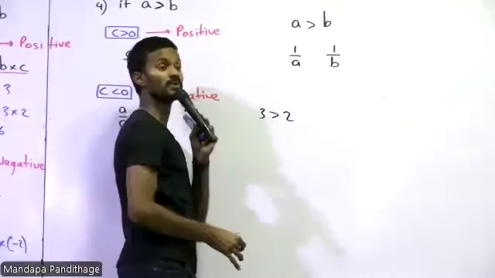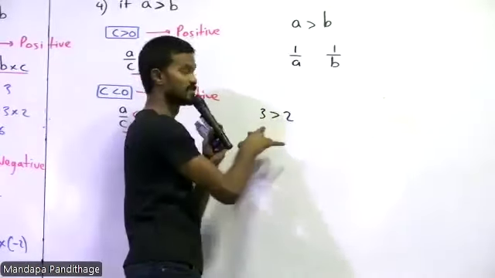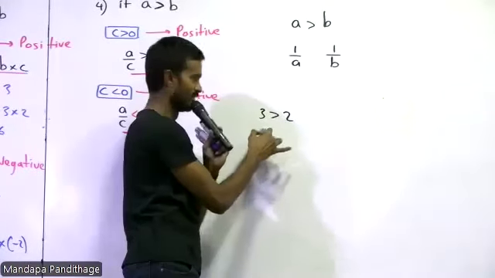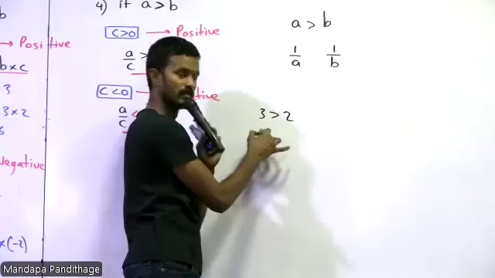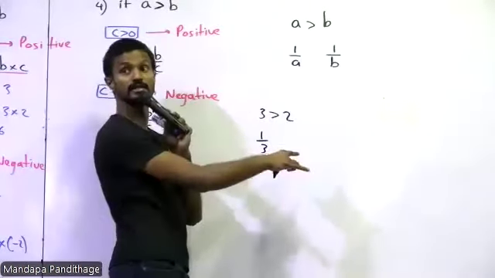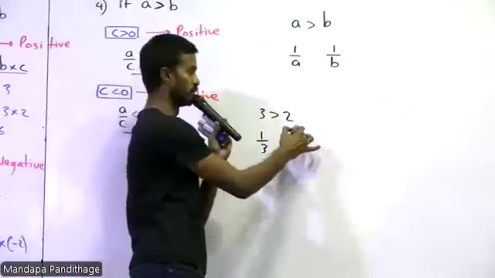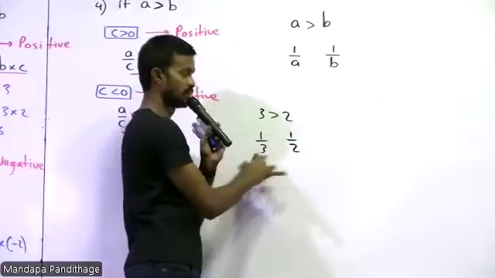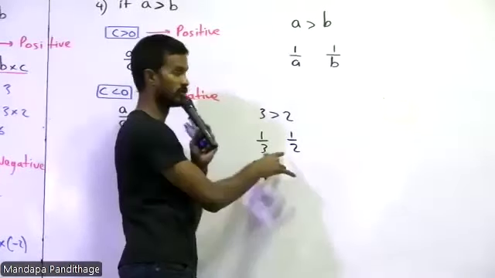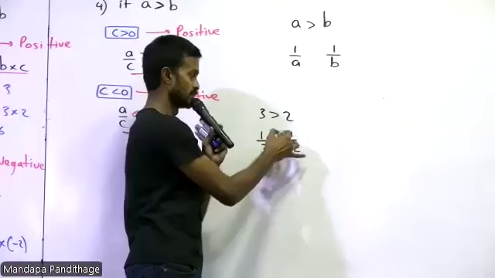I'm writing the reciprocals. What is the reciprocal of 3? 1 over 3. What is the reciprocal of the right hand side? 1 over 2. Now tell me, out of these two, what is the larger one? 1 over 3 is about 0.3, 1 over 2 is half. So half is larger.